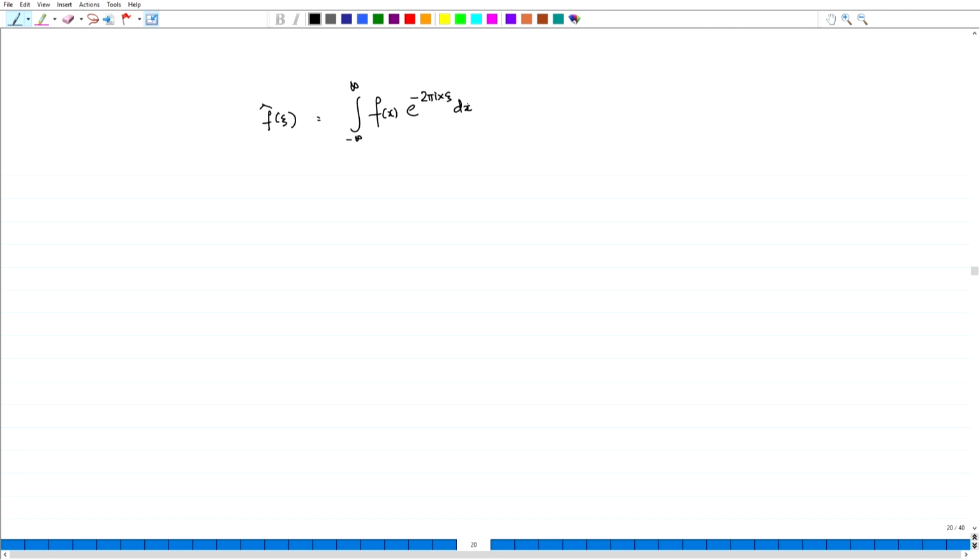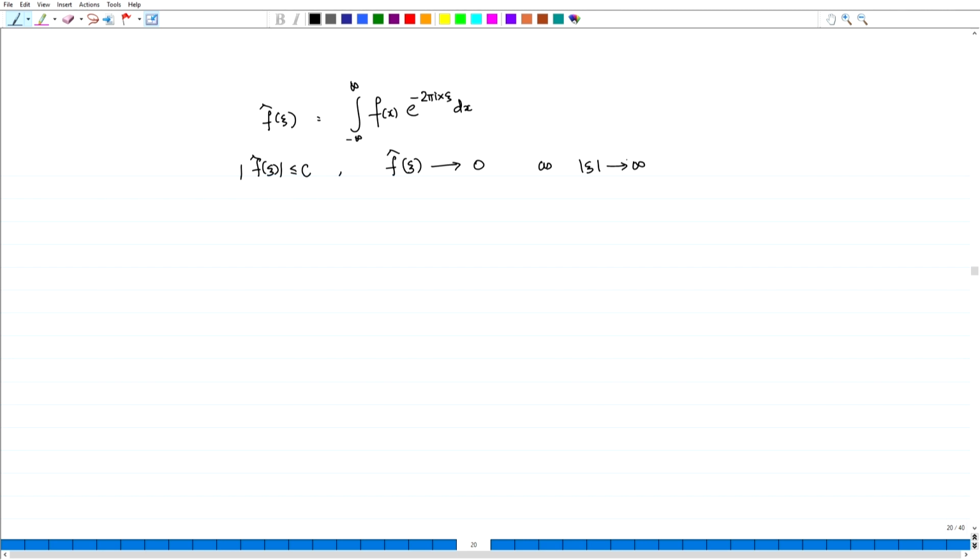This is for xi, and then what we have seen is that f hat of xi is less than or equal to some constant, that means f hat is a bounded function, and the Riemann-Lebesgue lemma says that f hat of xi goes to 0 as mod xi tends to infinity.